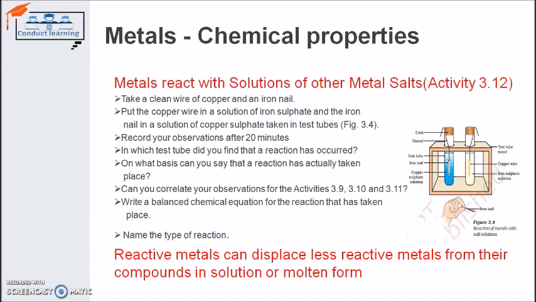In this particular tube, iron displaces the copper from copper sulfate solution because it is more reactive than copper. So it displaces the copper from copper sulfate solution and itself becomes iron sulfate. And the color of the copper sulfate solution is getting faded out, and the iron is deposited with a layer which is brown in color.